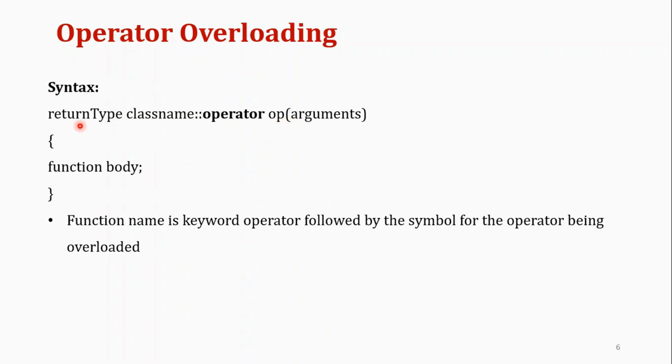Inside the brackets we have the arguments, and after that we define a function that says what the overloaded operator will do. The function name is the keyword operator and the symbol you are going to overload. This is the syntax for overloading an operator.